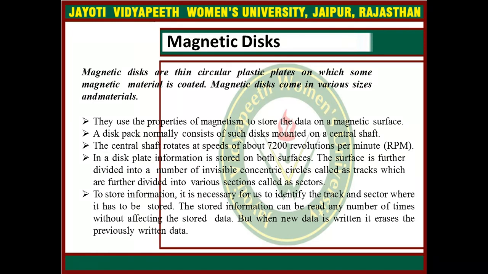So to store information, it is necessary for us to identify the track and sector where it has to be stored. The stored information can be read any number of times without affecting the data stored, and when new data is written, it erases the previously written data.